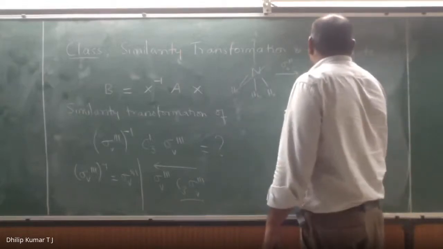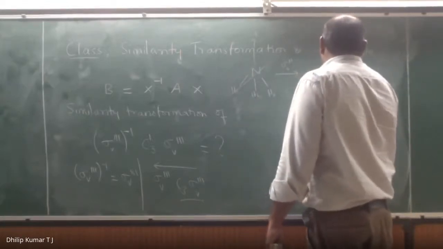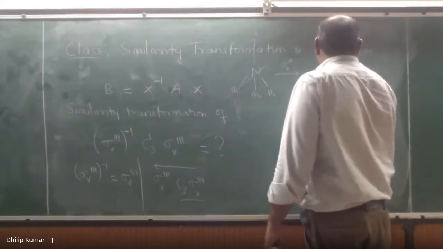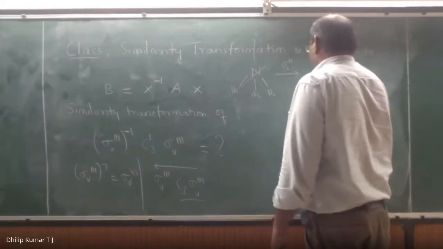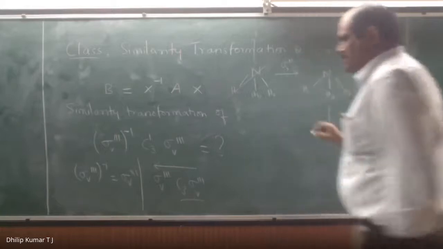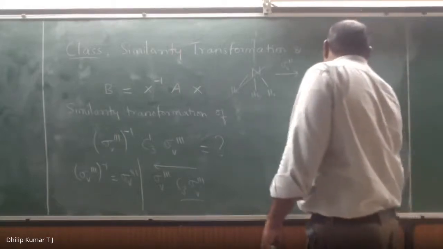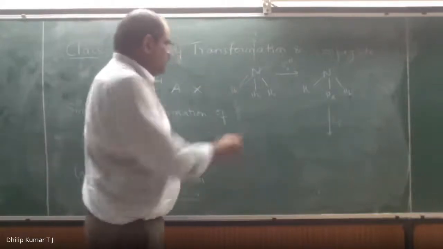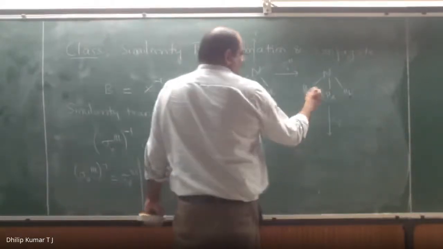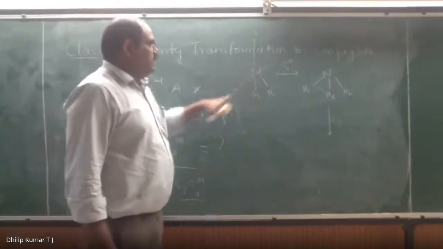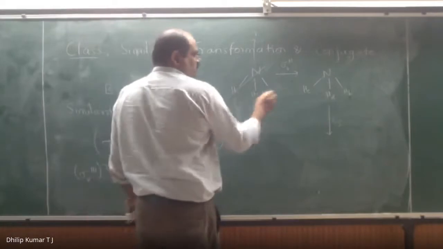I'm performing it on the molecule. I don't have a matrix now, so I'm just doing it by the geometry itself. I place a mirror on the HCN plane, and then only these two will be interchanged. That's what I've done.